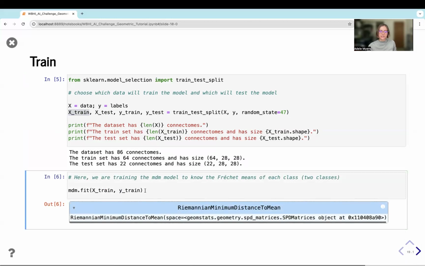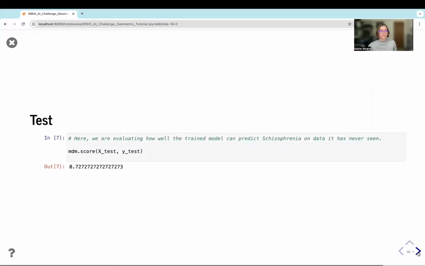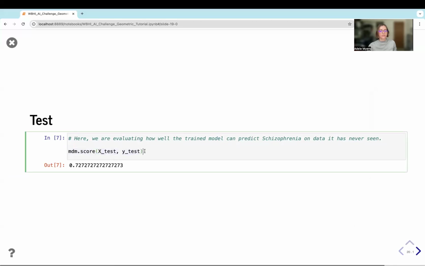To train the model, all we have to do is call MDM, which is our classifier object, dot fit, and give it the X and Y. Now we're all ready to test. To test, we can call MDM.score, and it tells you how well this model was able to predict schizophrenia on data it has never seen before.